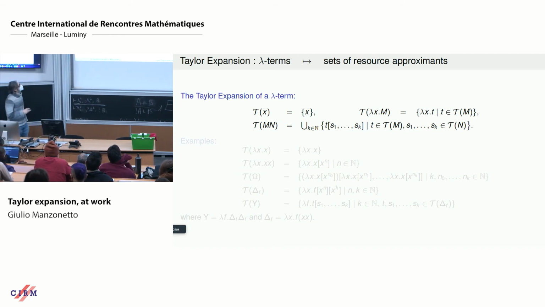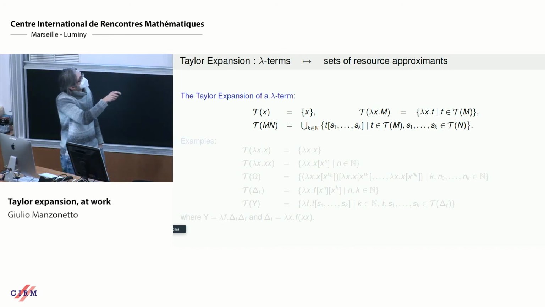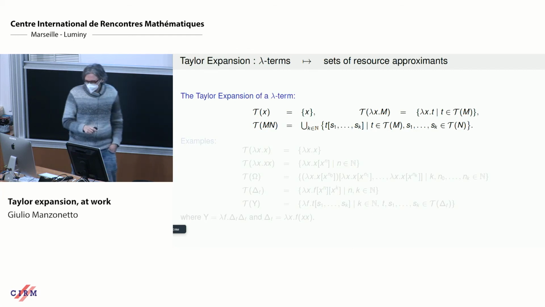The Taylor expansion of lambda x M is the set of lambda x t, where t is in the Taylor expansion of M. And the Taylor expansion of M applied to n, well, it's what we said before, but now we take t in the Taylor expansion of M and s1 to sk in the Taylor expansion of n, and we take the union over all possibilities.